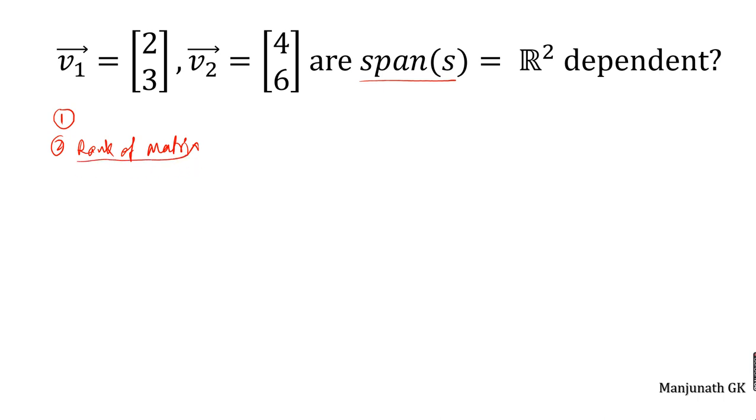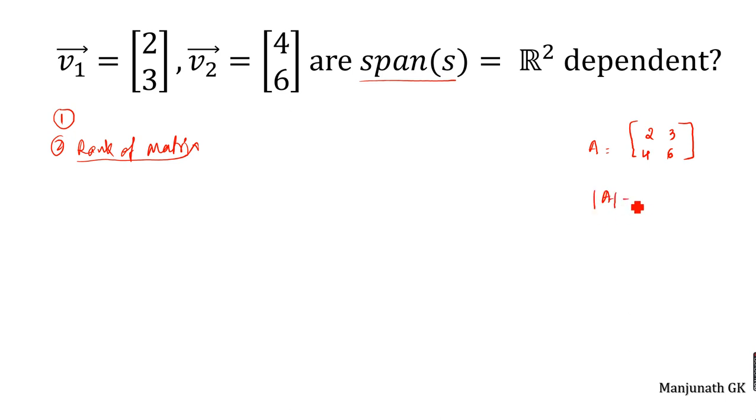How to calculate the rank of a matrix? Consider v1 and v2 and write them in matrix form. Can we write the given two vectors in a matrix form? Yes, they are written here. Then determine its determinant.